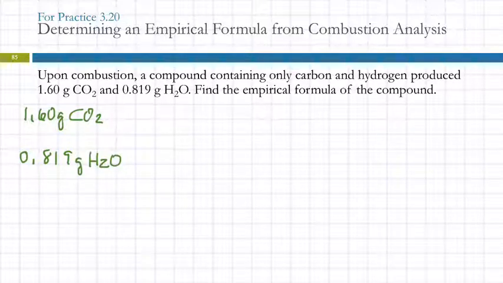So first what I want to do is convert grams of carbon dioxide to moles of carbon dioxide. And then I can use a ratio I get from the formula. There's 1 mole of carbon in every mole of CO2. So what I'm doing is taking grams to moles and then to moles of the element.